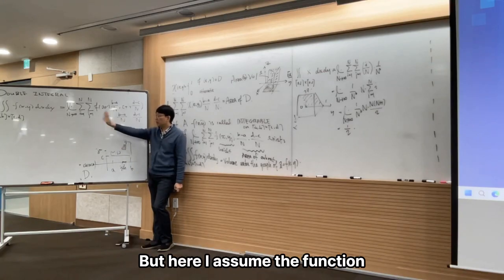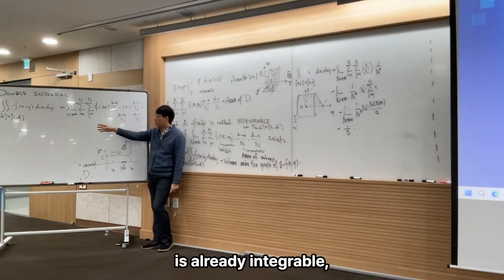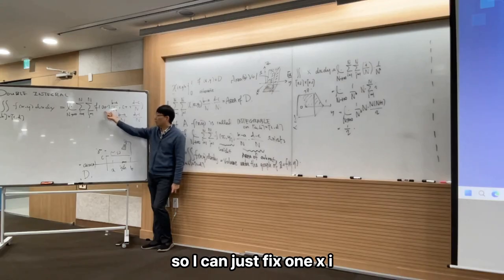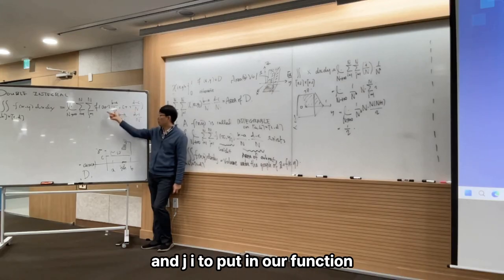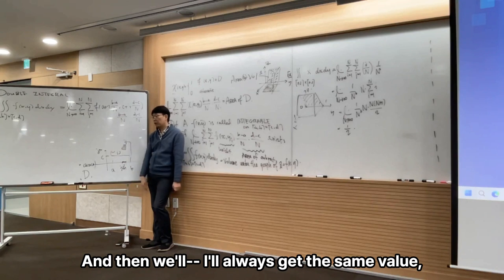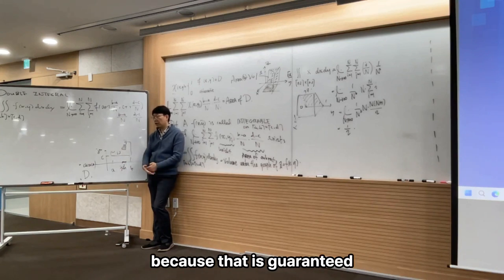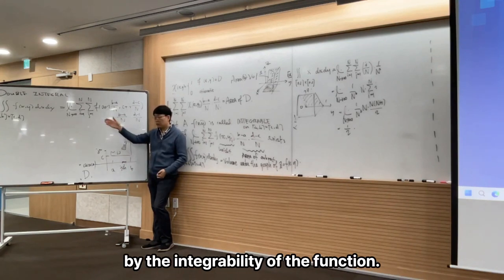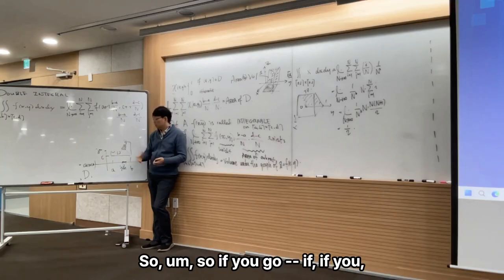But here I assume the function is already integrable, so I can just fix one x_i and y_j to put in our function to get the height. And I'll always get the same value because that is guaranteed by the integrability of the function.